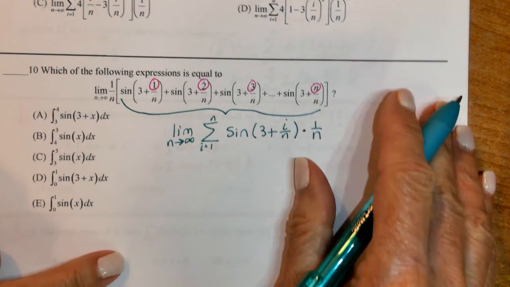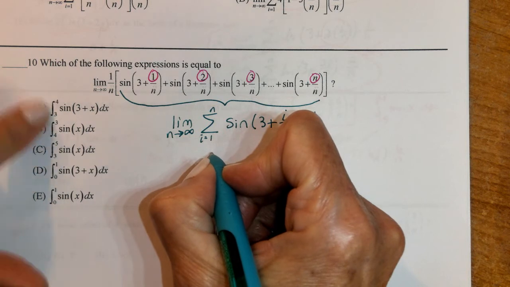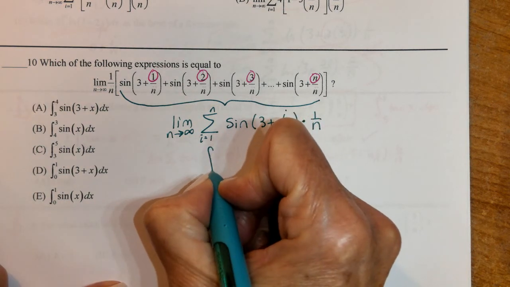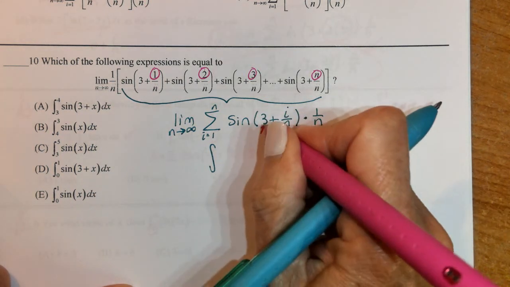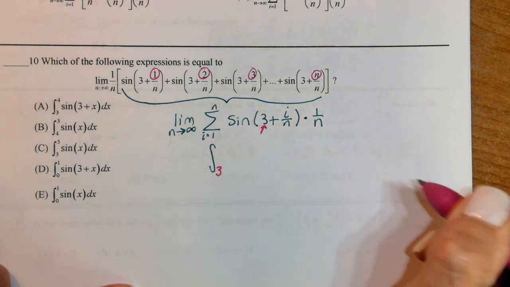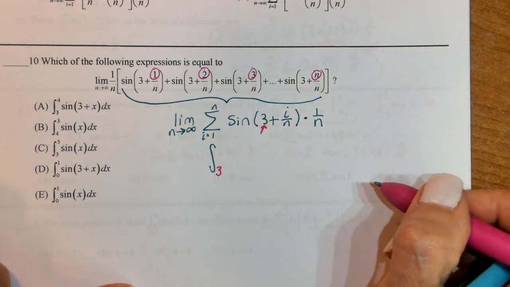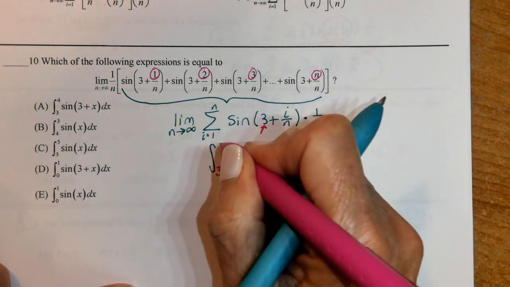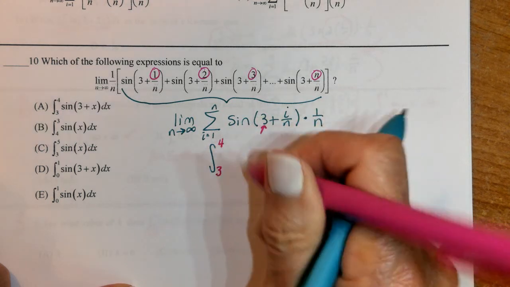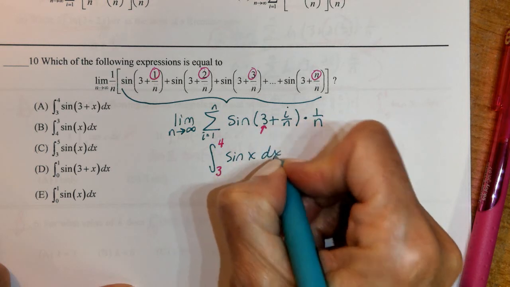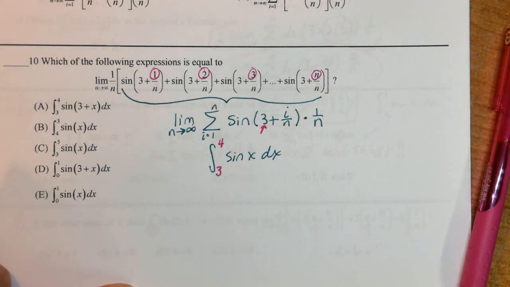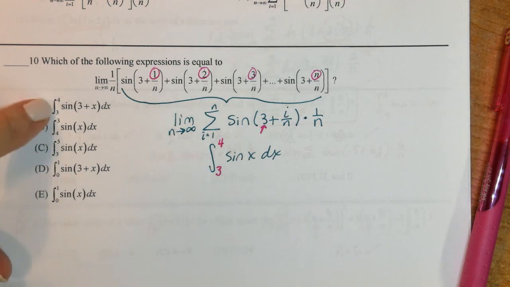Now from this, they want us to change it to a definite integral. If I was just writing this as a definite integral, I see that 3 and I want to put my lower boundary as a 3. I add 1 to it to get my upper boundary. And my function would be sine of x dx. So that will work, but it's not over here.